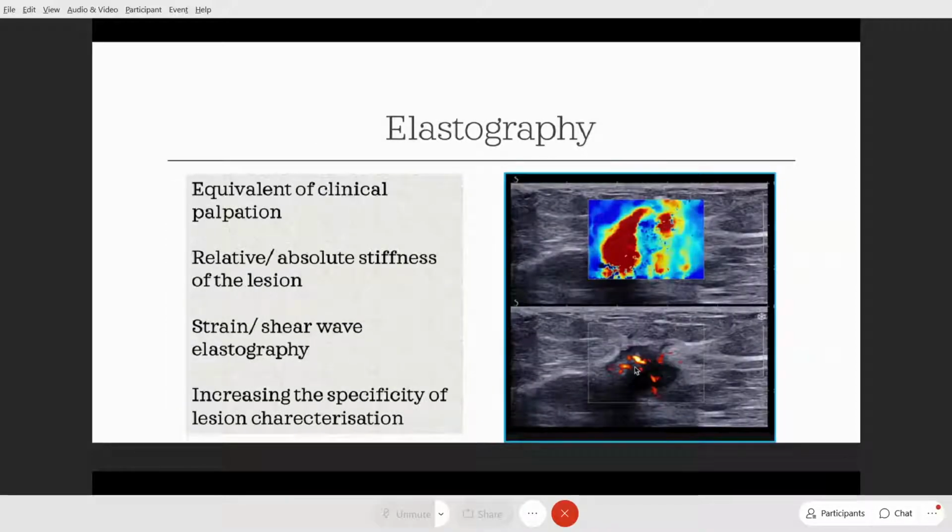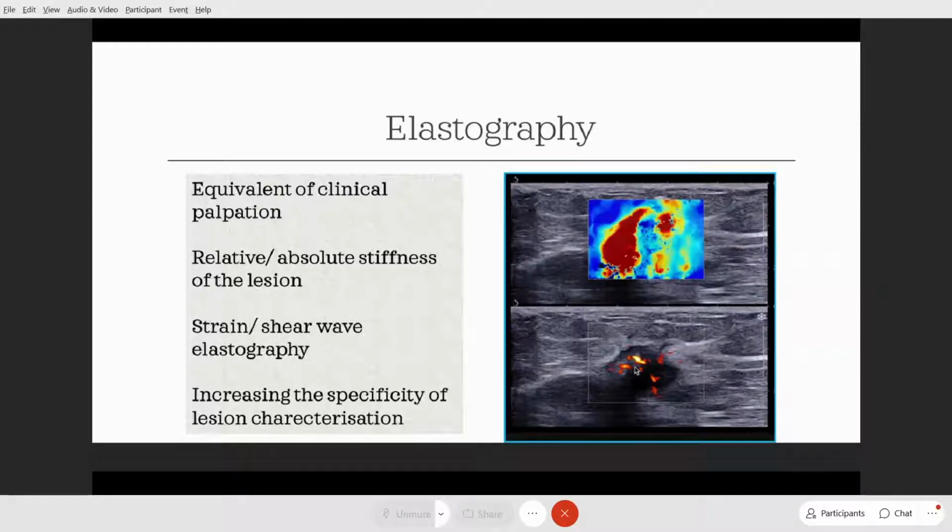Elastography. This is something very interesting and has established wider applications in breast. What if you have a technique which is much superior to your hand palpation to assess the stiffness of the tissue? That is what elastography does.